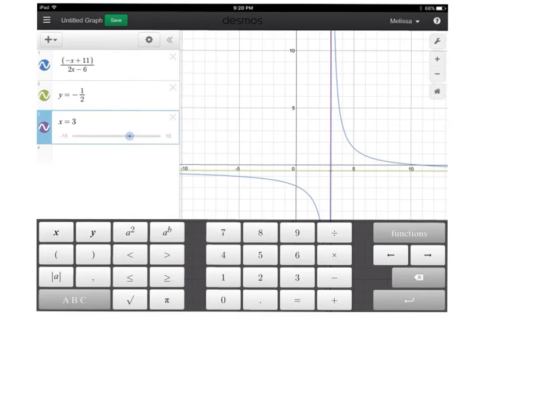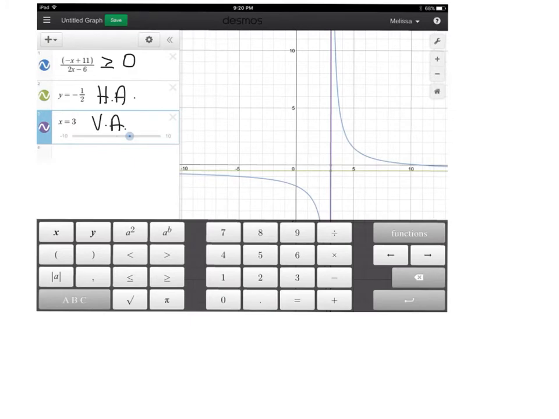Okay, I've gone ahead here and graphed the very first function, (-x + 11)/(2x - 6), and we're looking for where that graph is greater than or equal to 0. What I graphed in 2 and 3 are the horizontal asymptote and the vertical asymptote.